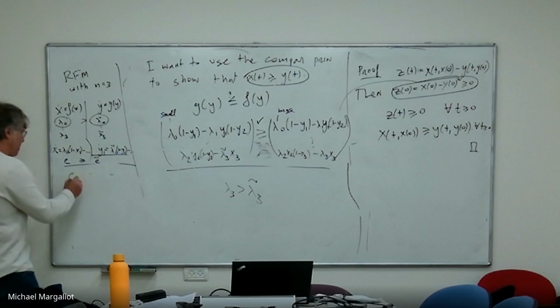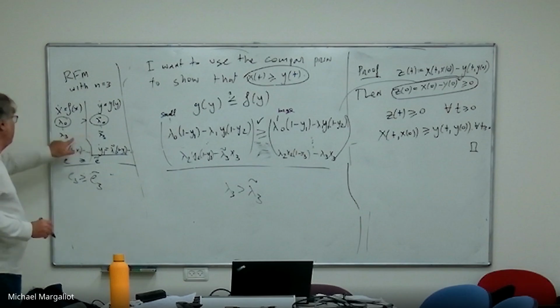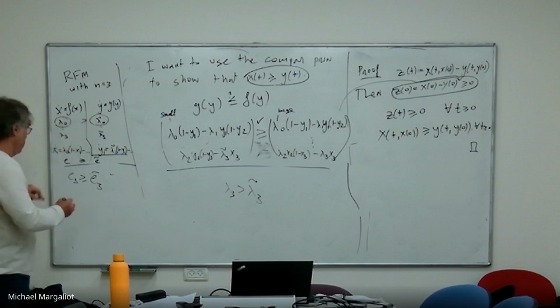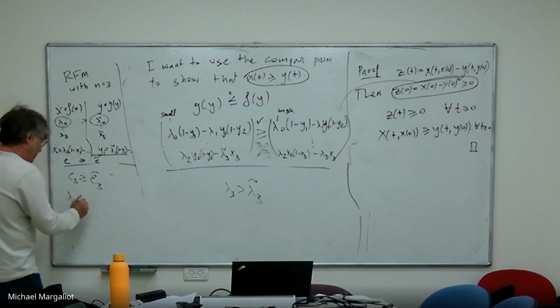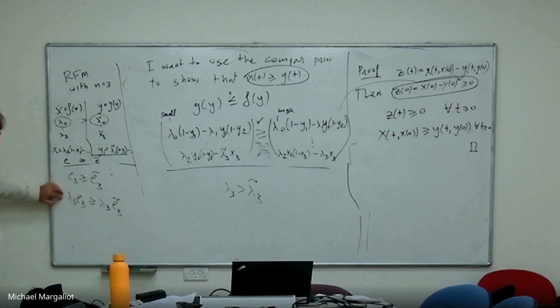And now the lambda 3 here, we assumed they were equal, or there was only a change in lambda 0. So the production rate here is like this, and the production rate here is like this. So here we had the RFM with higher densities, and the production rate will also be higher.